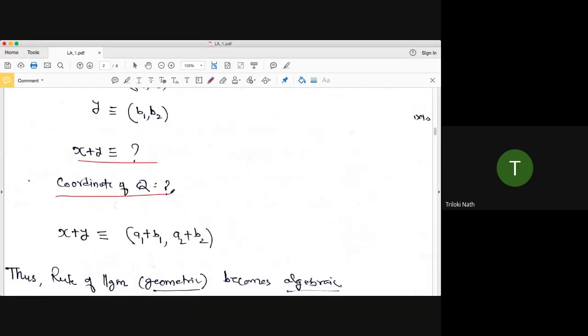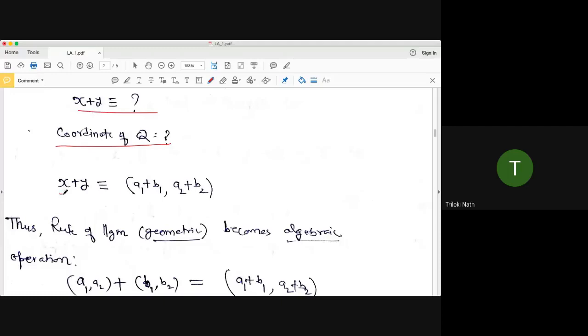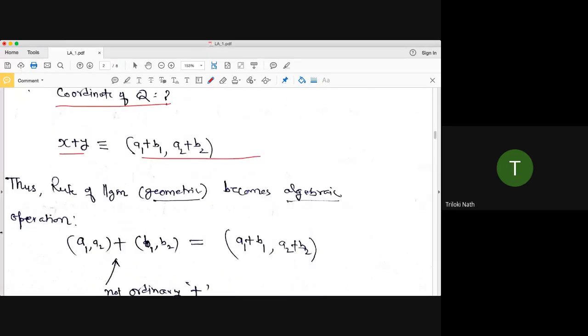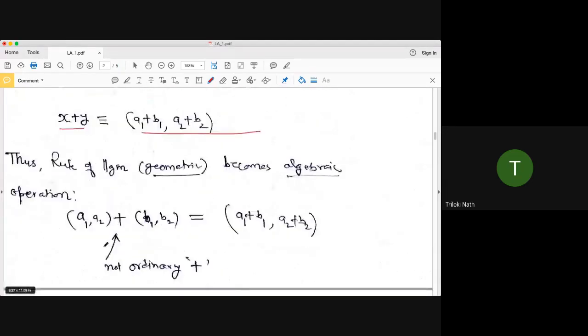That is, what is the coordinate of Q? The coordinate of Q, that is x plus y, is (a1 plus b1, a2 plus b2). Thus the rule of parallelogram, which was geometric, now becomes an algebraic operation. So what is the algebraic operation? The coordinate (a1, a2) is added to the coordinate (b1, b2) like this.